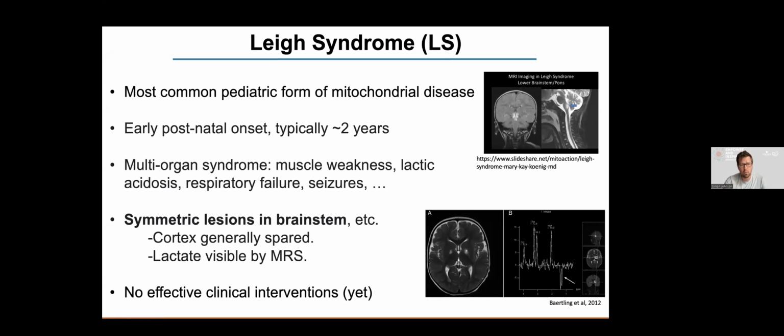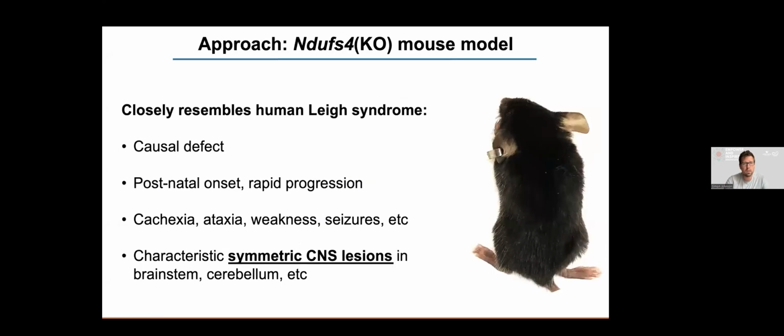The real hallmark symptom of Leigh syndrome, however, is the appearance of symmetric lesions in the brain stem and other parts of the brain. Cortex is generally spared, and importantly, lactate is often visible in MRI, MRS imaging of these lesions. There are no clinical interventions available yet.